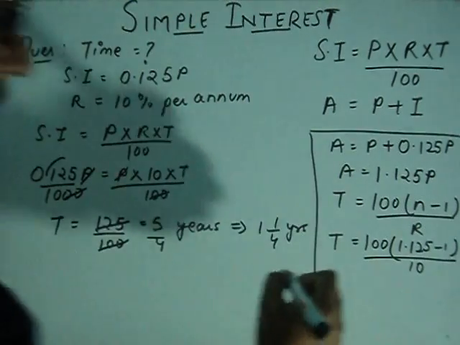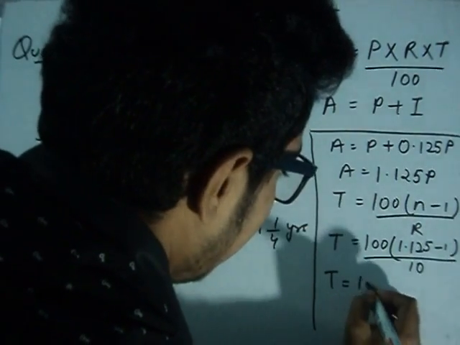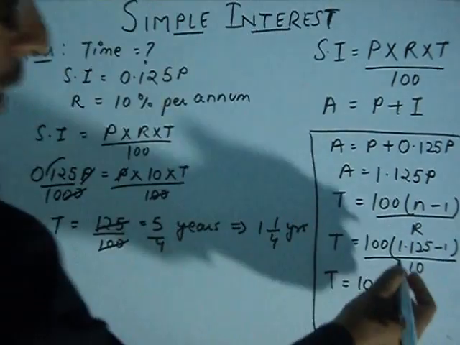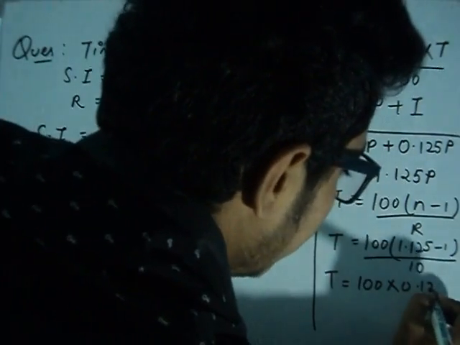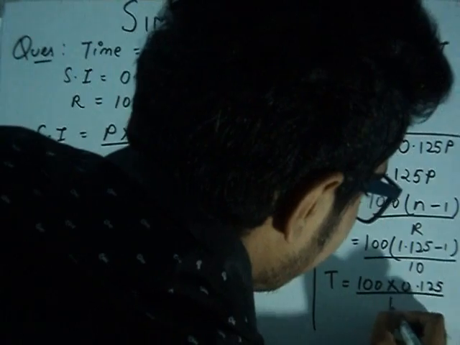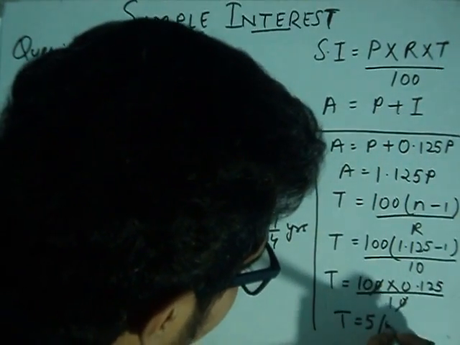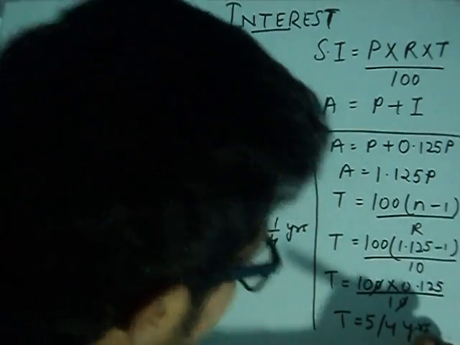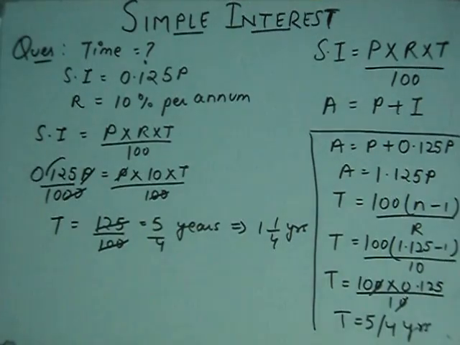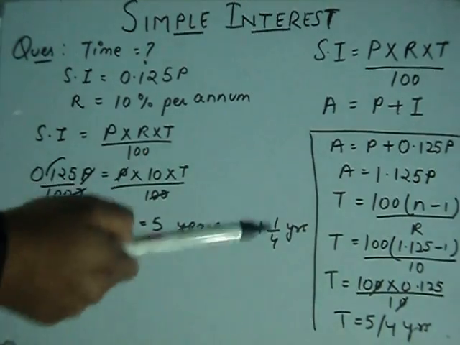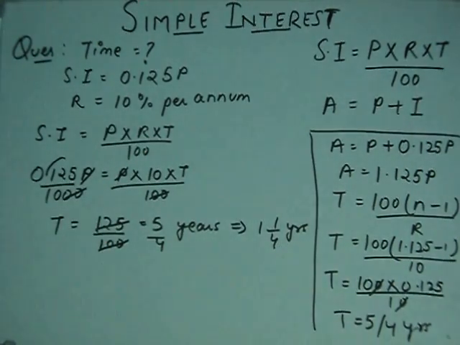This calculation becomes 100 times 0.125 upon 10, and after solving we get our value 5 by 4 years. So this is our final answer using two methods. You can calculate it by this method or this method. It all depends on which method suits you better.